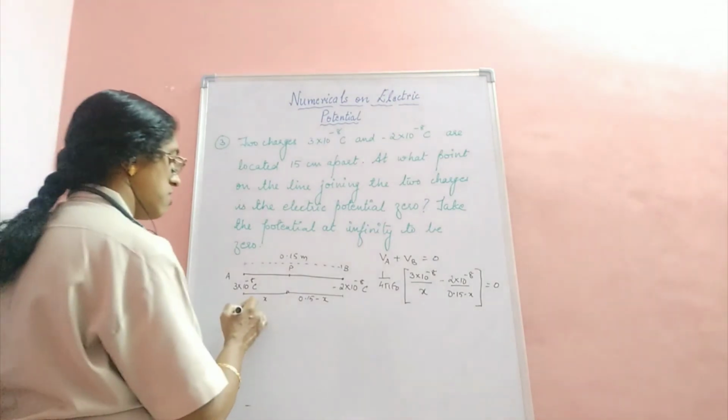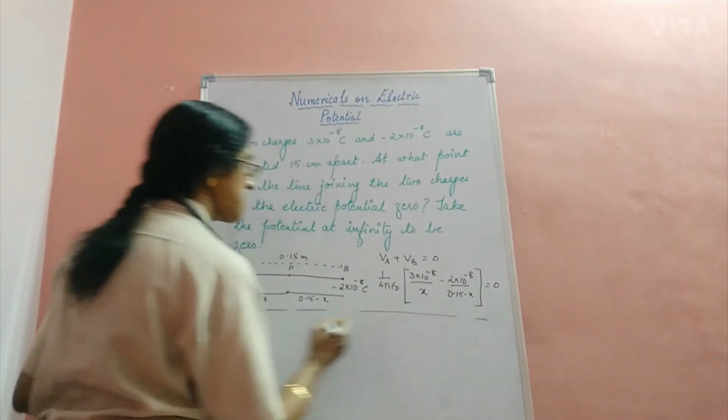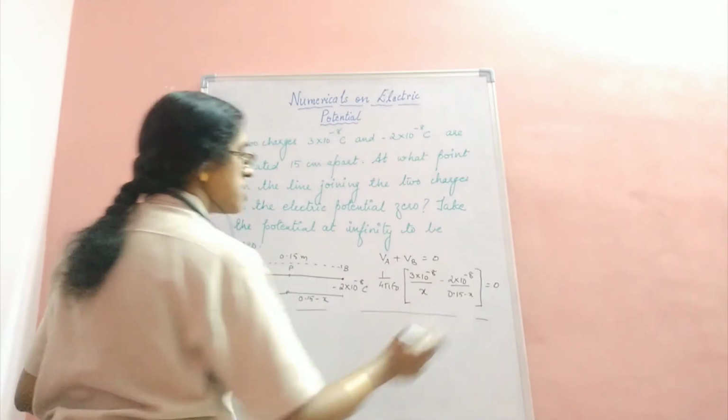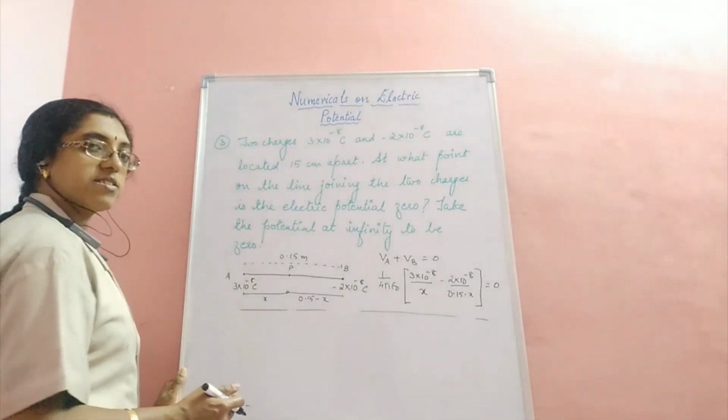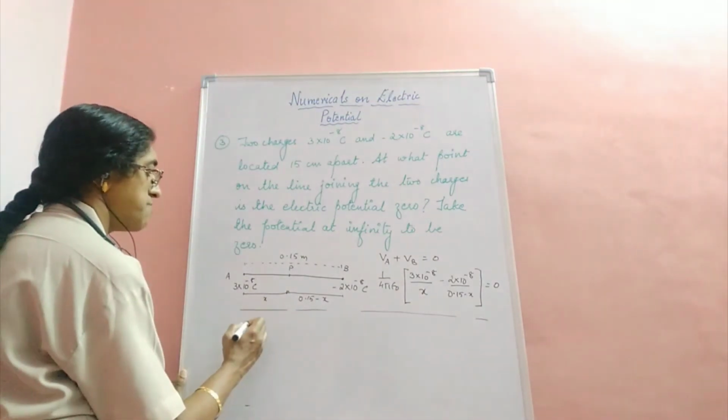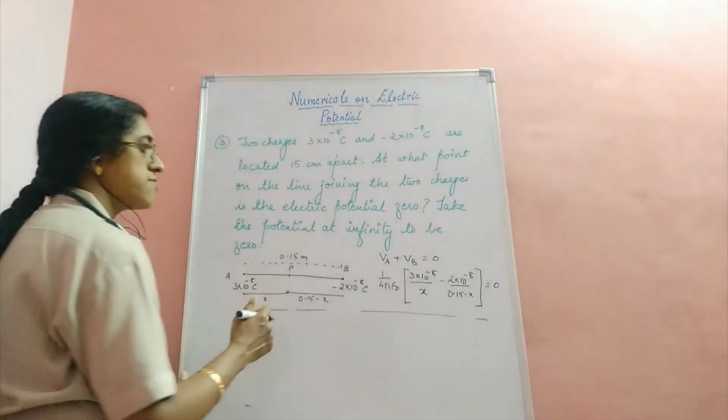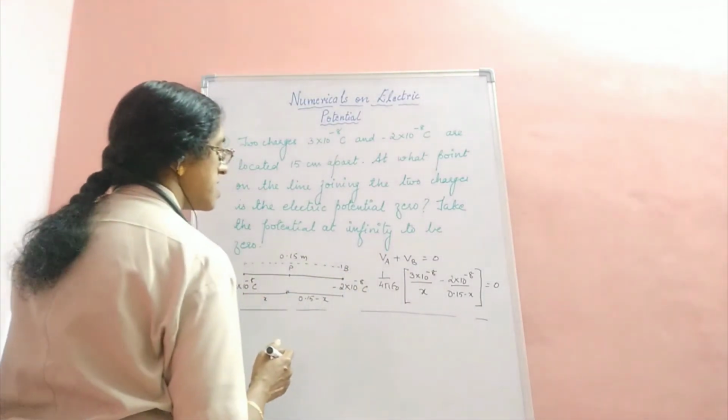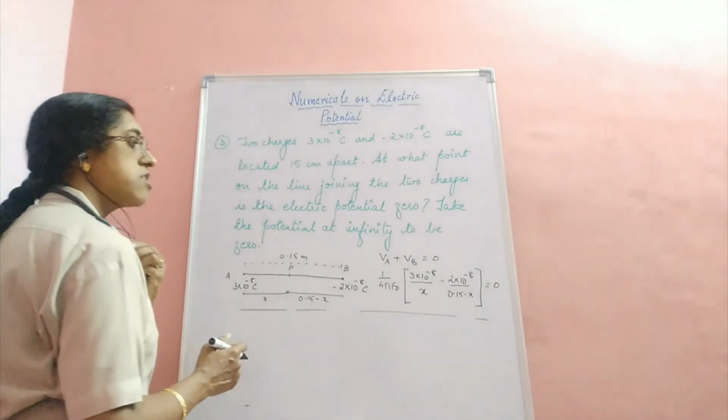Right? Now, solving it further, 1 upon 4 pi epsilon naught, I'll take it to the other side, and 10 to the power of minus 8 also I would take to be common.